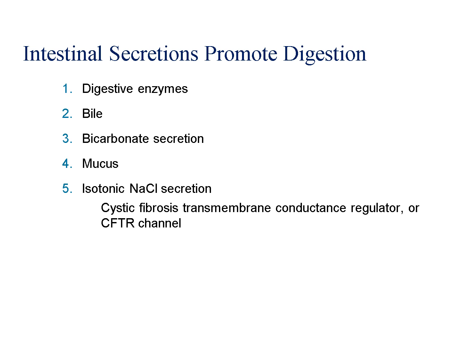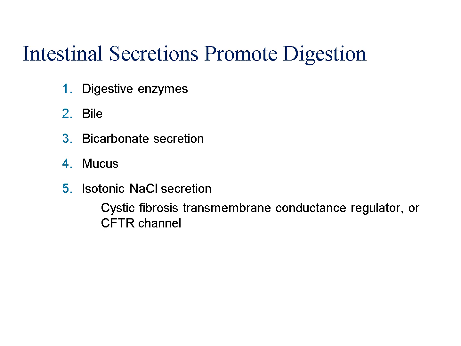This secretion is regulated by the cystic fibrosis transmembrane conductance regulator channel, which controls the transport of chloride ions across the intestinal epithelium. This movement of chloride ions drives the secretion of sodium and water, ensuring that digestive contents remain fluid and easily transported.